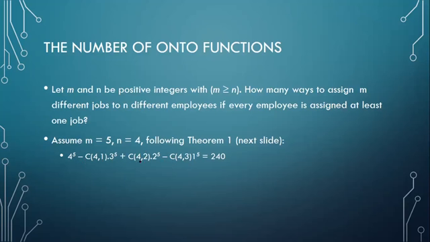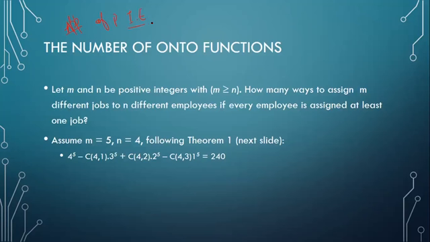In this formula also we have alternating positive and negative signs. Once we get 1 power 5, that is, once we get the value 1, we will stop, because naturally the next term will be 0. So this is another application of the principle of inclusion exclusion, the number of onto functions.